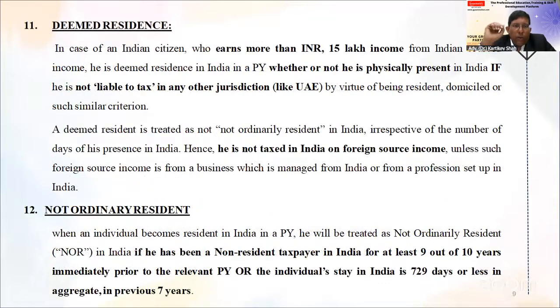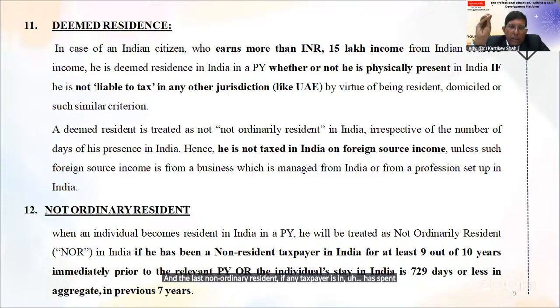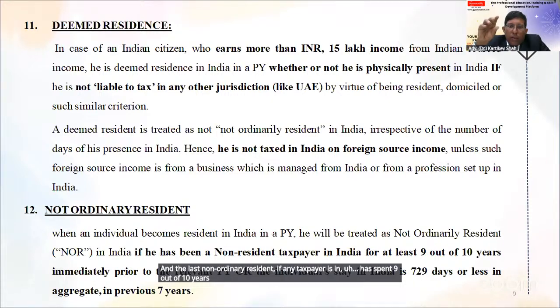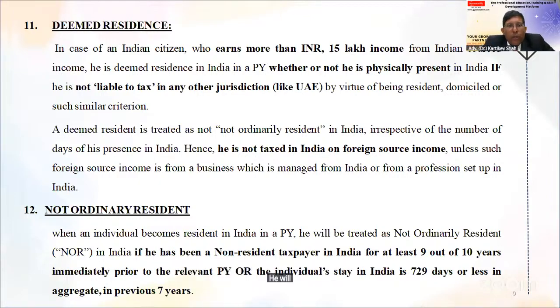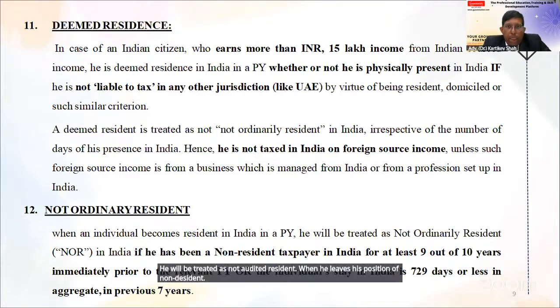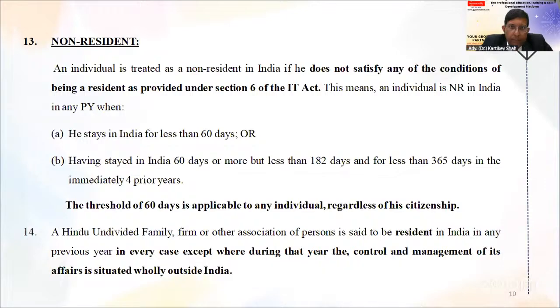And the last, not ordinary resident: if the person has been a non-resident taxpayer in any 9 out of 10 years, or has stayed 729 days in 7 years, then he will be treated as not ordinary resident when he leaves the position of non-resident. Now the non-resident.